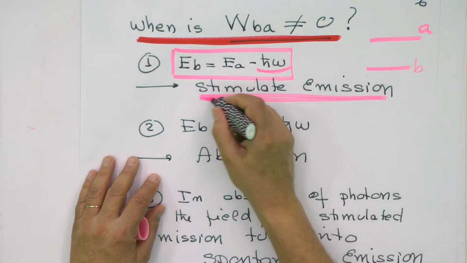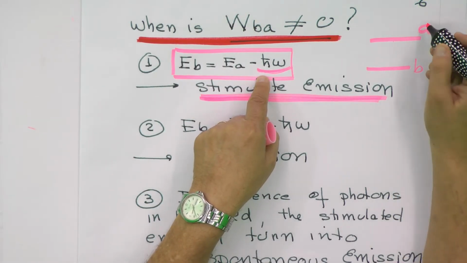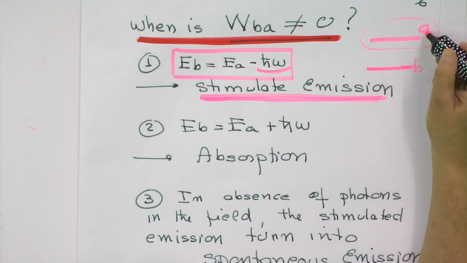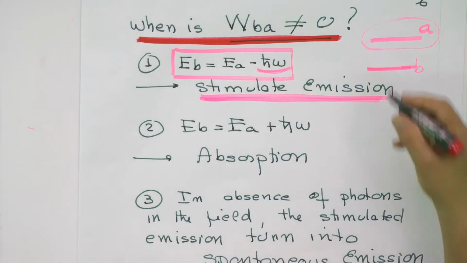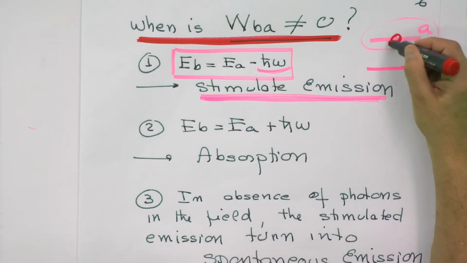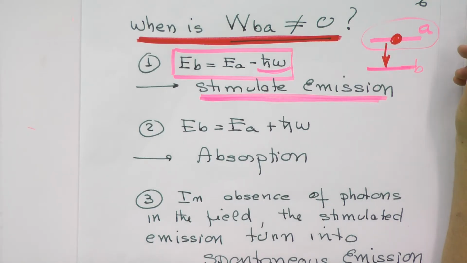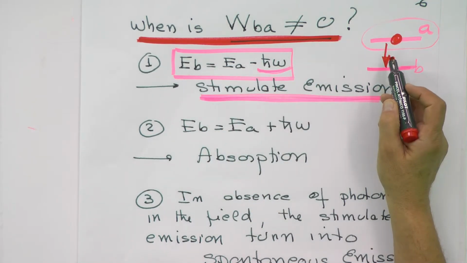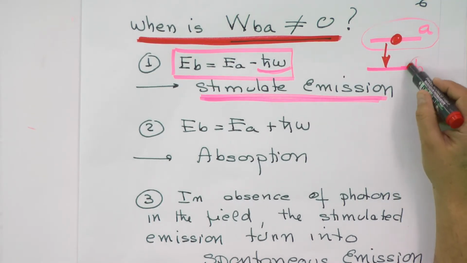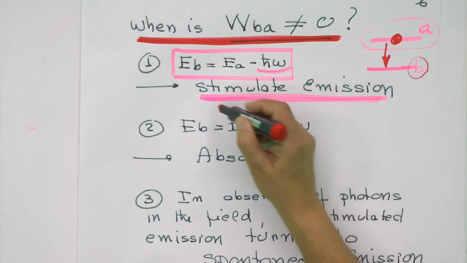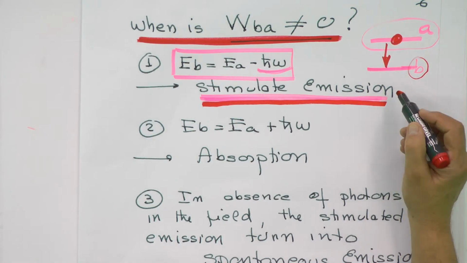Stimulated emission is when I add a photon to the field. So we start with the system in a higher energy state and it comes down. The system is here, it's stable, it's there doing nothing. But the electromagnetic field comes and shakes this enough for it to come down and end in the state B. As a result, there is addition of energy in the field, which is called stimulated emission.